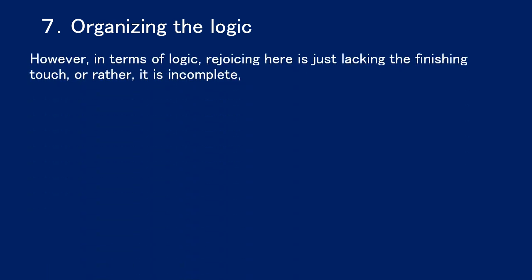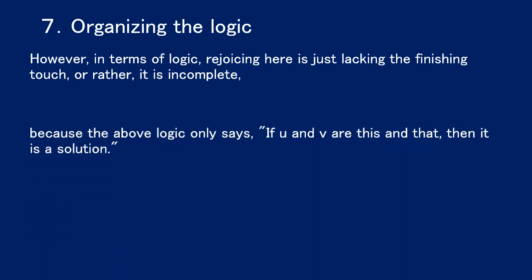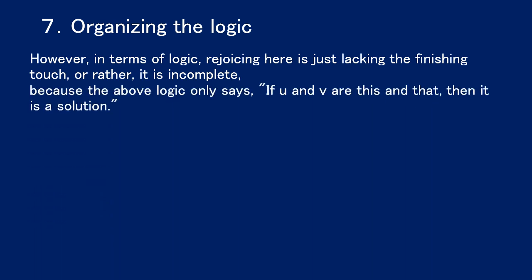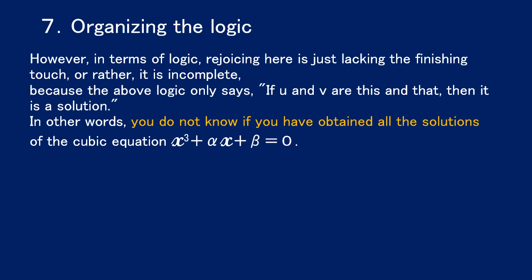However, in terms of logic, rejoicing here is just lacking the finishing touch, or rather, it is incomplete. Because the above logic only says, if u and v are this and that, then it is a solution. In other words, you do not know if you have obtained all the solutions of the cubic equation x cubed plus alpha x plus beta equals 0.